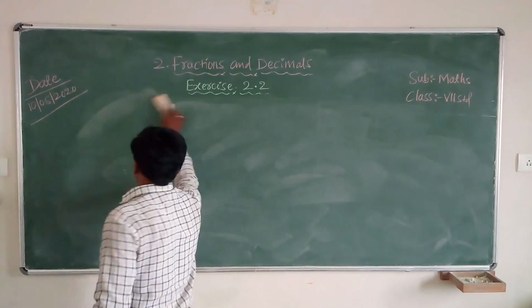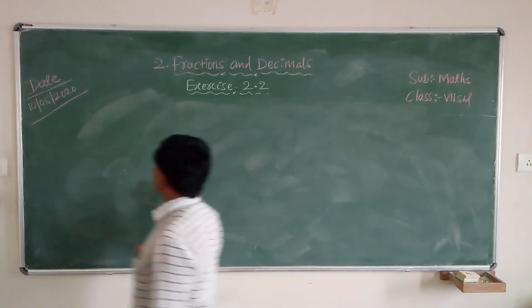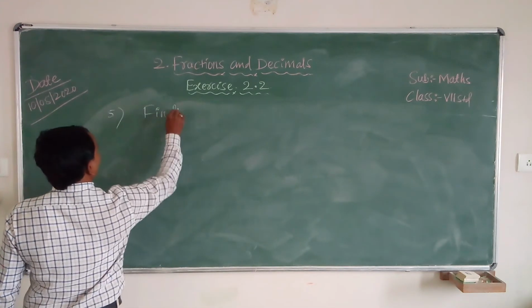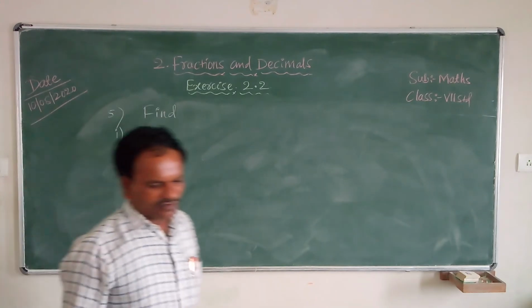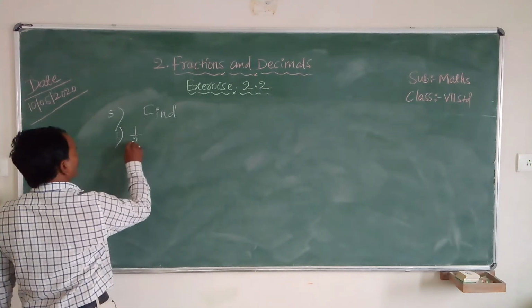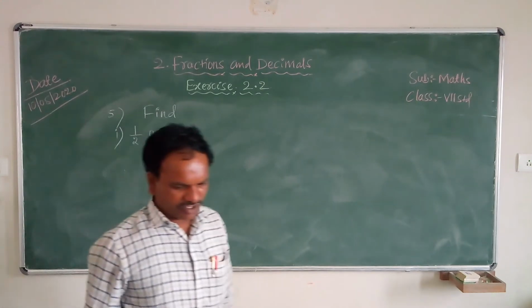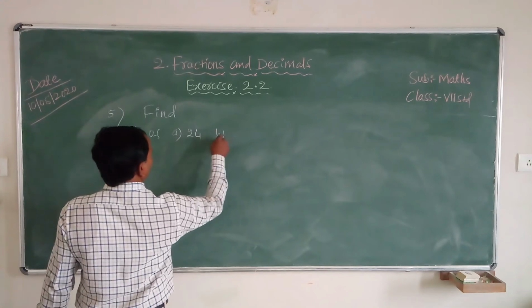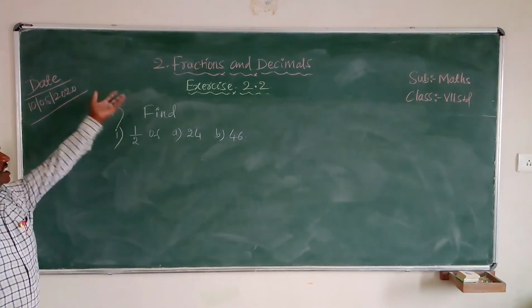Now, fifth question. Find: first one, find 1 by 2 of A, where the value of A is 24 and B is 46.